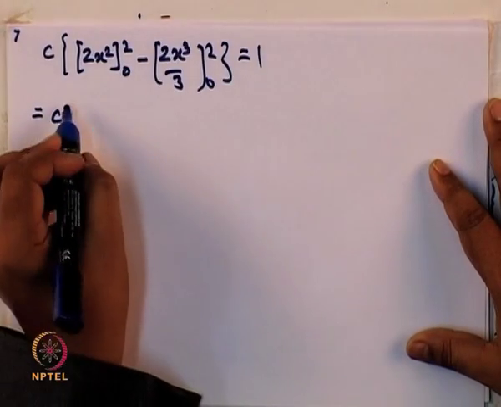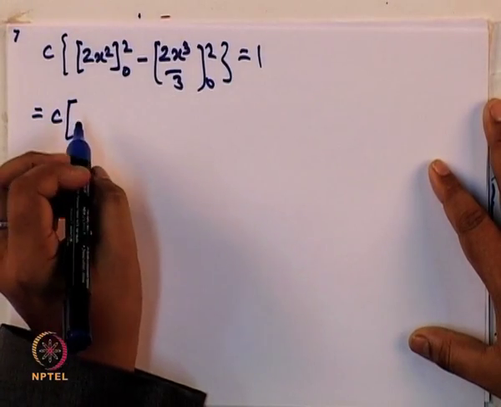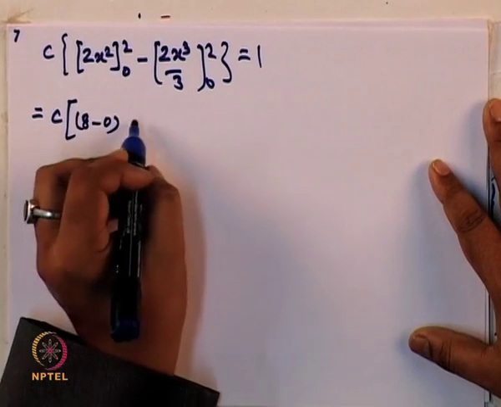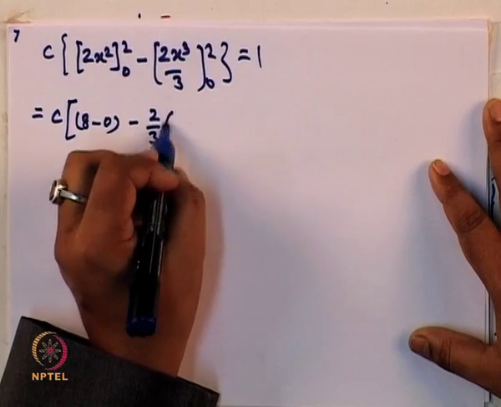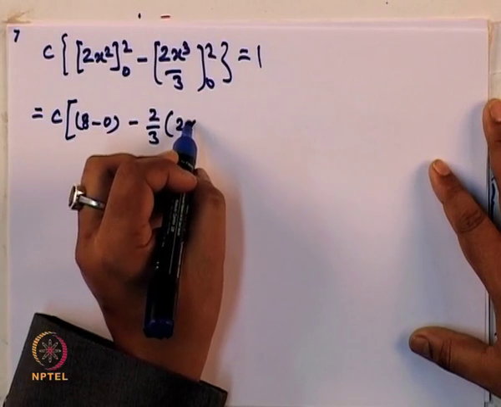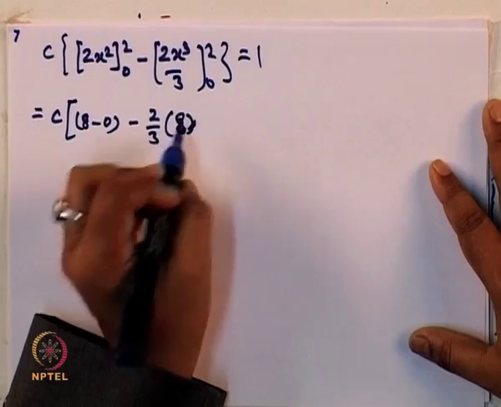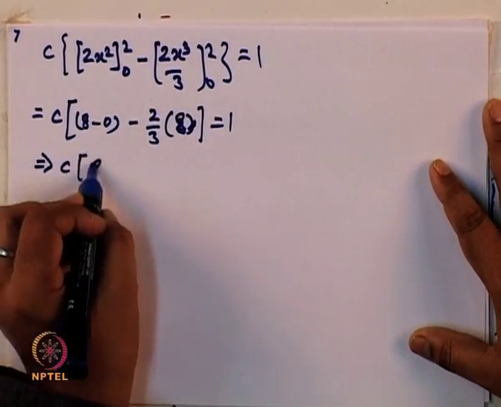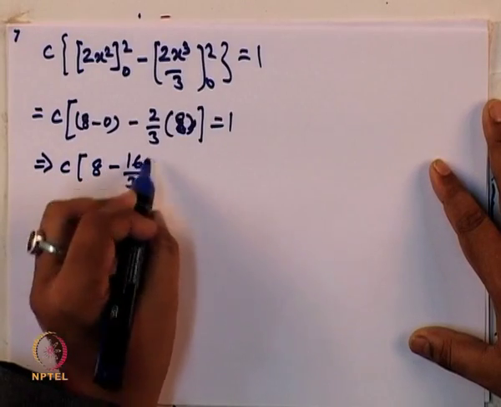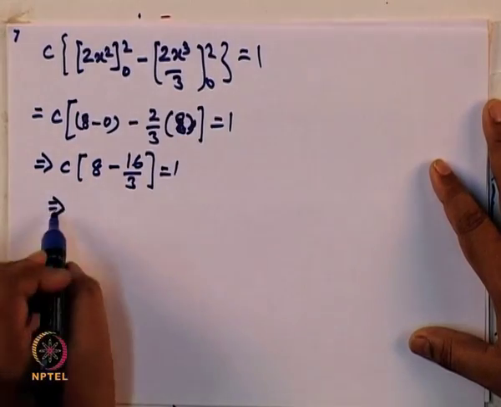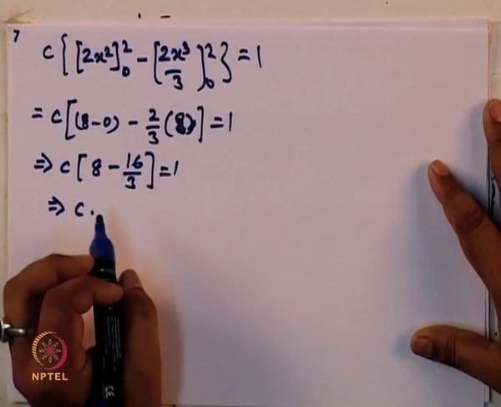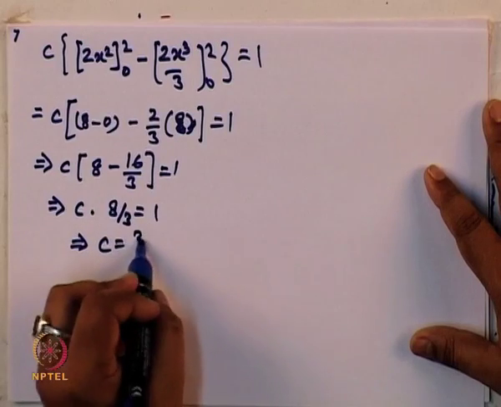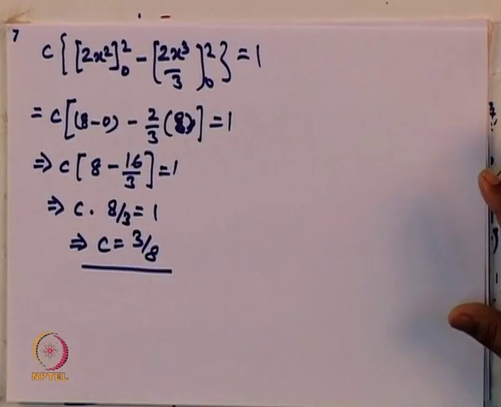This gives me c into (8 minus 0 minus 2/3 into 8) equal to 1, that is 8 minus 16 by 3. So, I get c as 3 by 8.